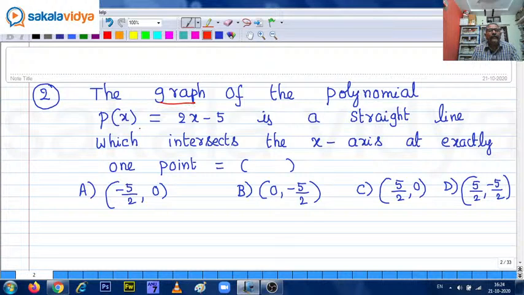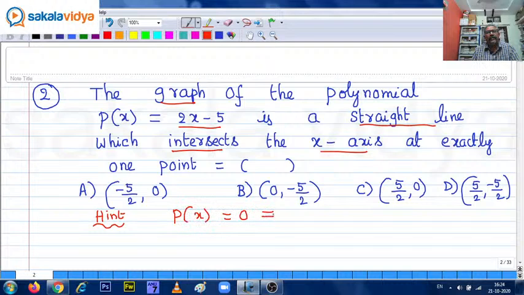The graph of p of x equal to 2x minus 5 is a straight line that intersects the x-axis at which point? That point we need to find out. So first we need to find the zero of this polynomial. Zero of the polynomial means p of x equals 0. That implies 2x minus 5 equals 0, so 2x equals 5, x equals 5 by 2.